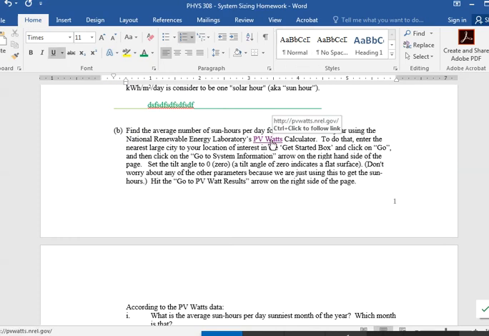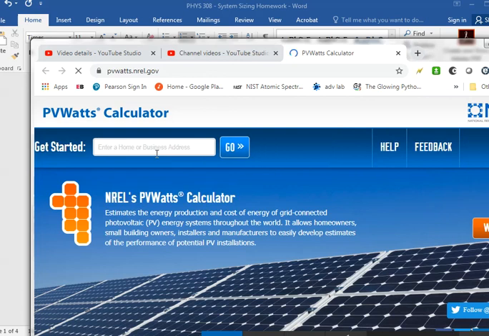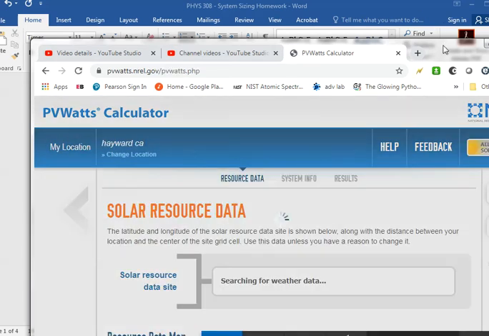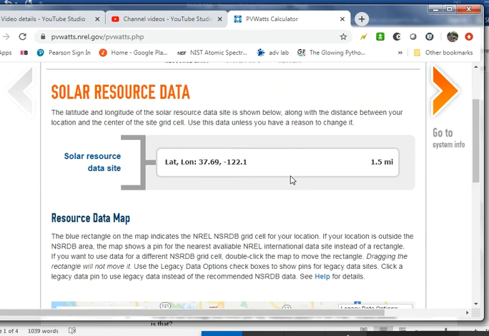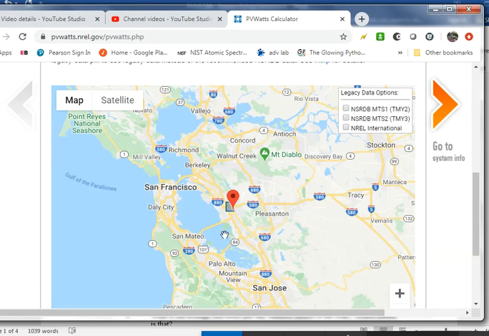The PVWatts calculator is here. You can hit Control, click on it, and we see that the PVWatts calculator shows up. So if we type in Hayward, California, we can hit Go, and then this website is going to find our latitude and longitude. And here we are. That looks like the right place.